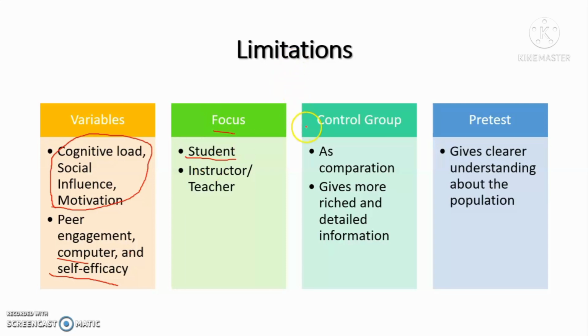The third limitation is the control group. This research will be better if it includes a control group as a comparison. It will give more rich and detailed information. Lastly, about the pretest.